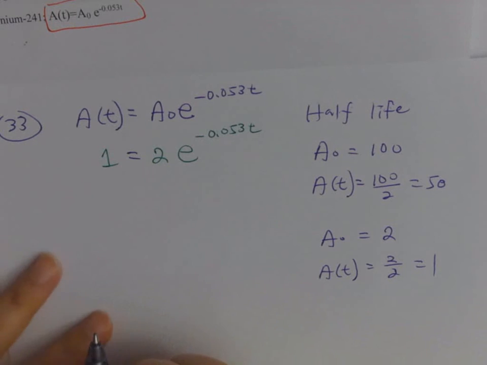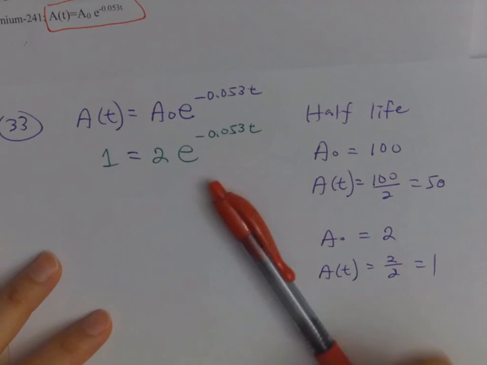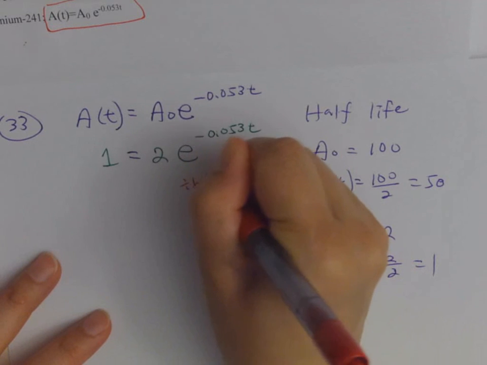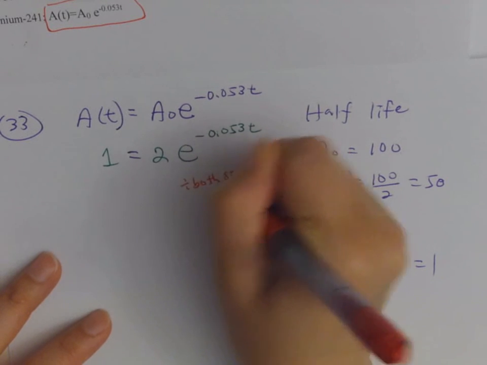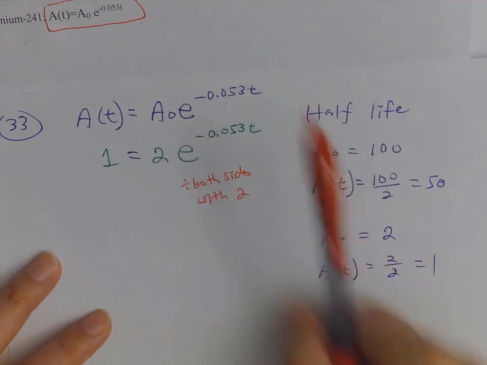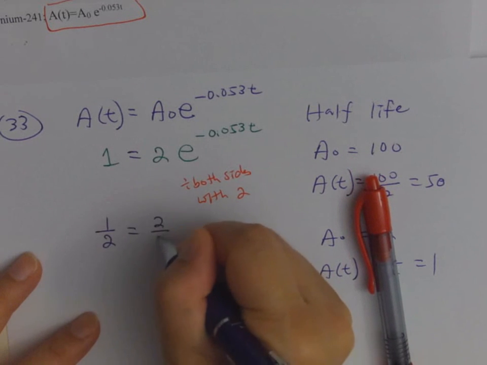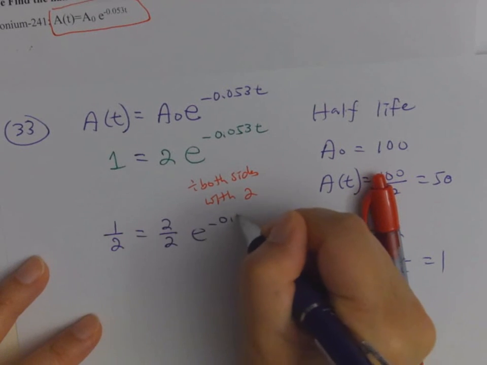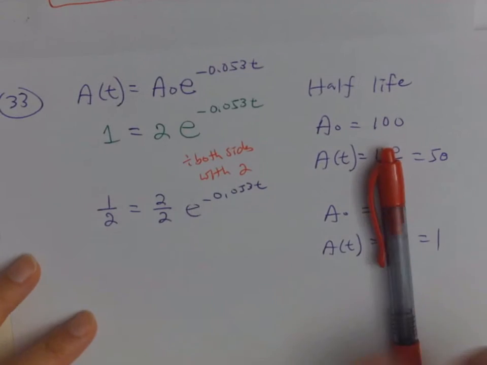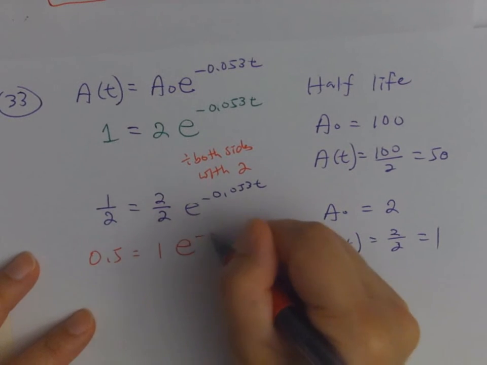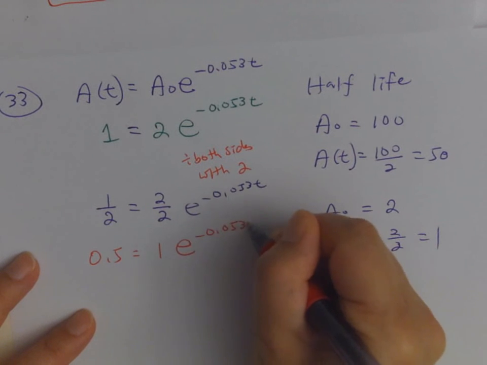Okay, so first of all, to solve for t, I need to simplify this side, right? So divide both sides with 2. So this is 1 over 2 equal to 2 over 2, e^(-0.053t). So basically 0.5 equal to 1 e^(-0.053t), right?